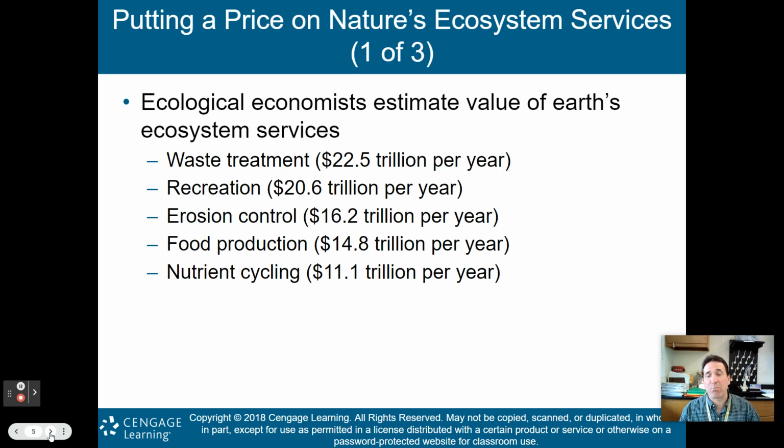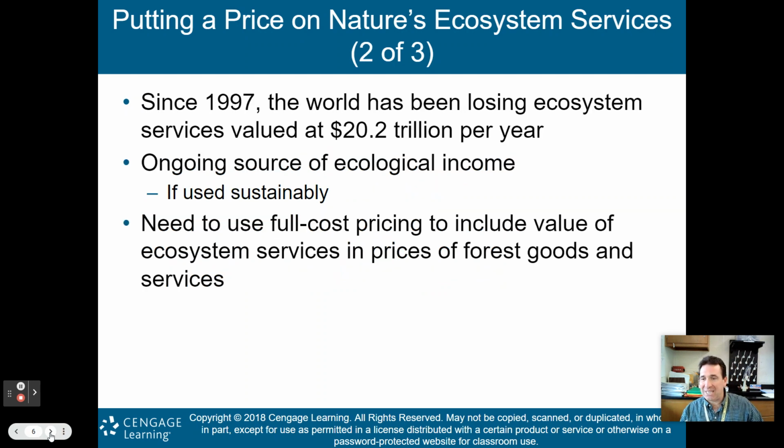So again, when you put a price on these services, then you have to begin to factor that price into the products that you're using here on the planet that actually end up degrading those services. So since 1997, the world has been losing ecosystem services valued at a little over $20 trillion per year. An ongoing source of ecological income could be these services if we use them sustainably. And that's, again, what this course is all about.